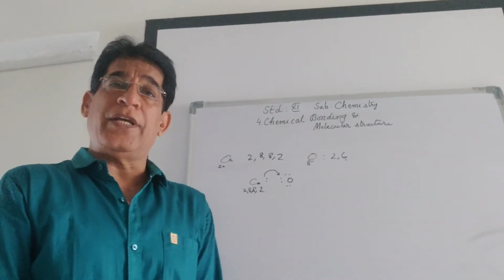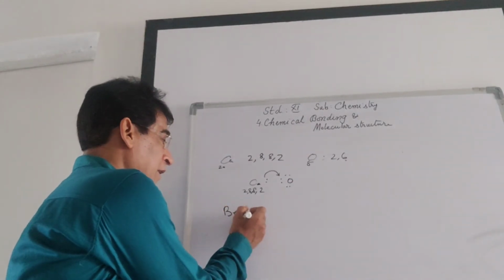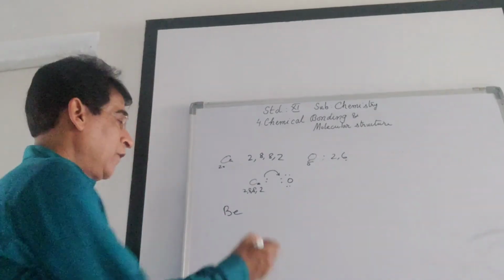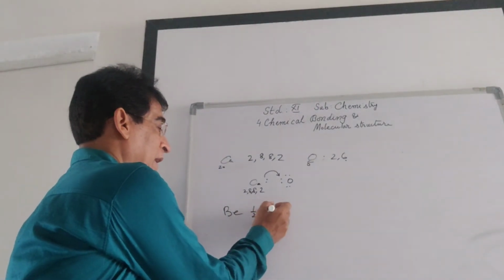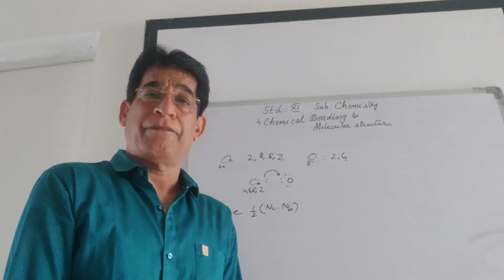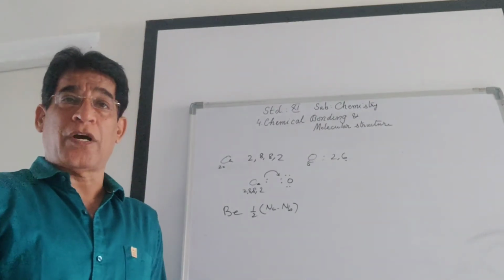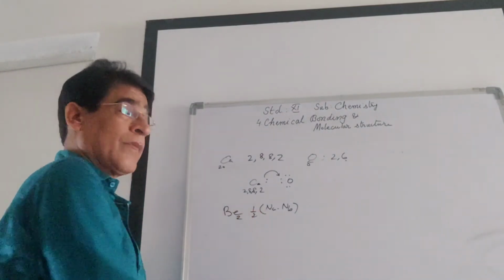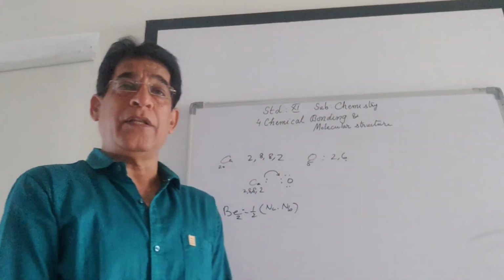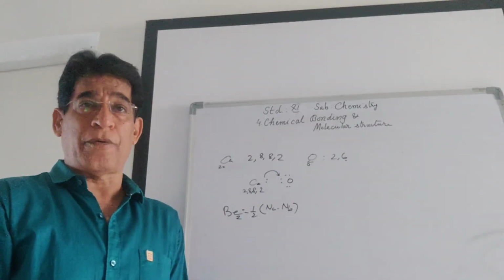The electronic configuration of beryllium Be is 1s2 and 2s2.